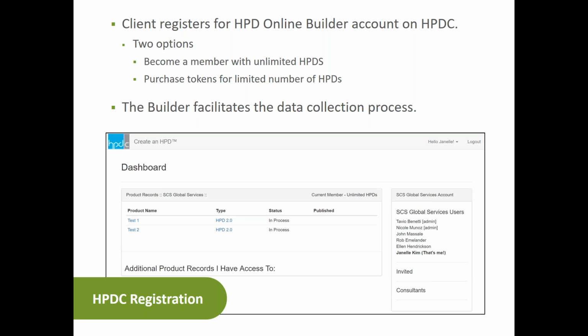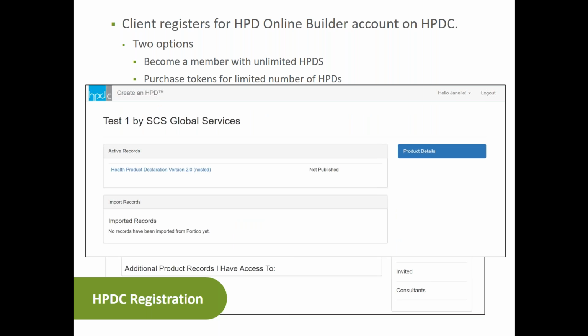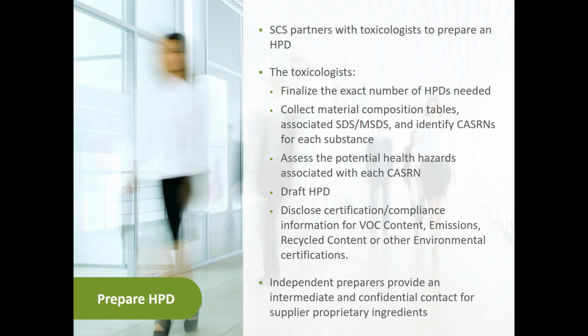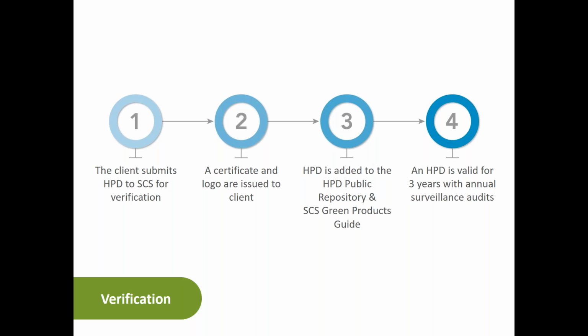Once that's completed, Talk Services does send the information over to SCS with a full package. Next slide. The verification will start once Talk Services provides MSDS, formulation, and the draft HPD to SCS.